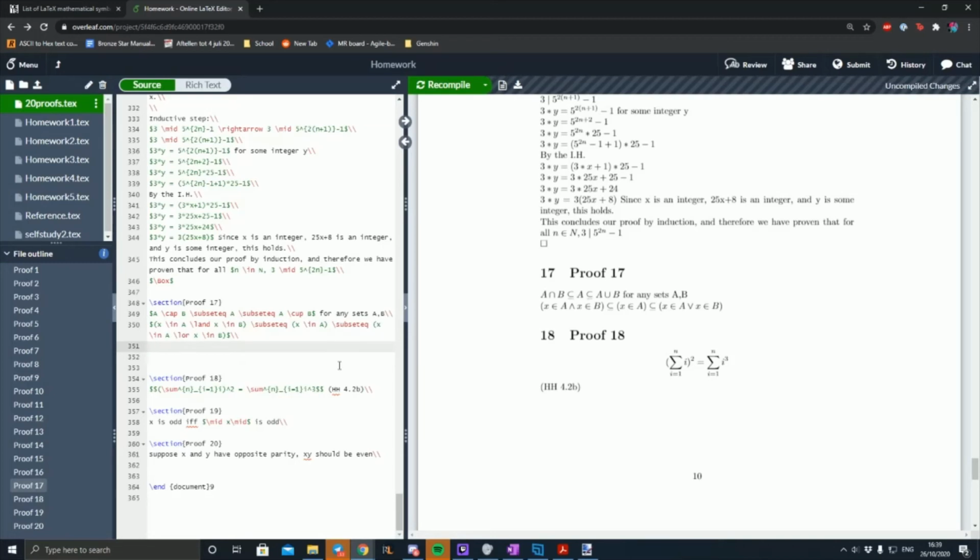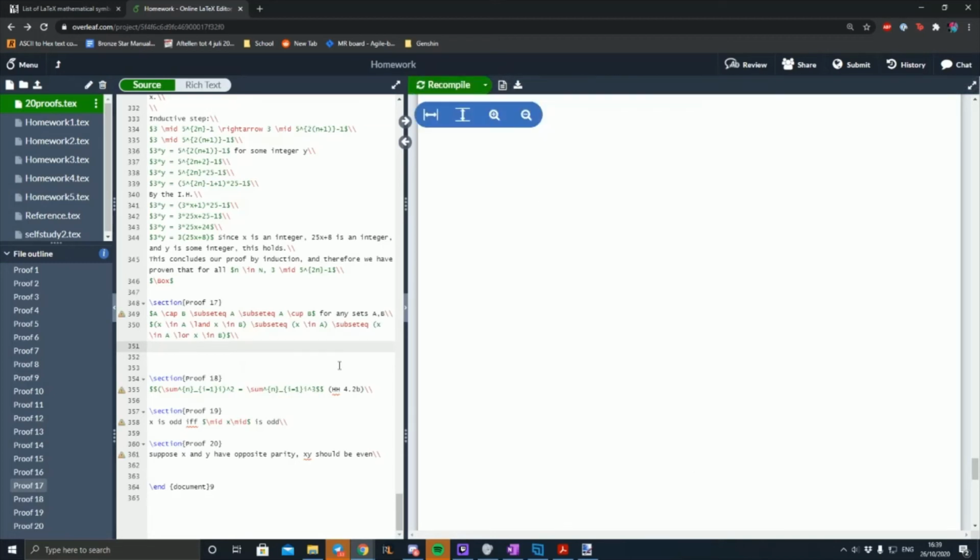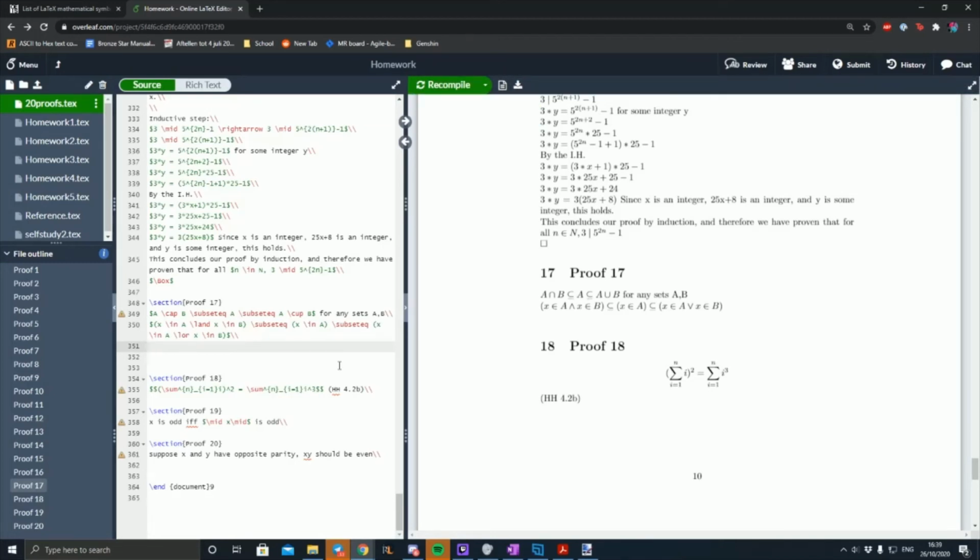Okay. So, we have this. But we know that being a subset of means that everything that is in the first one is also in the second one. Yeah, okay.